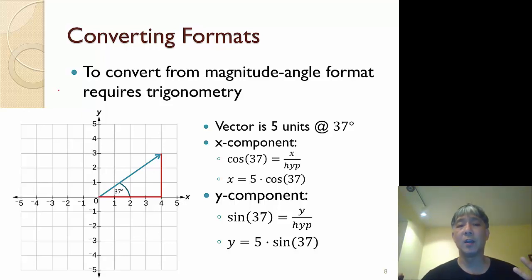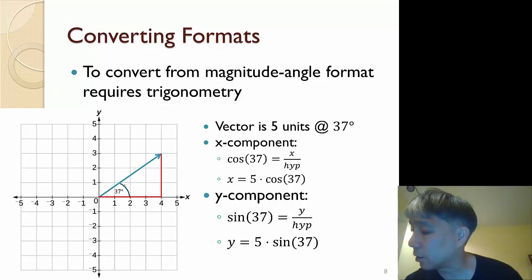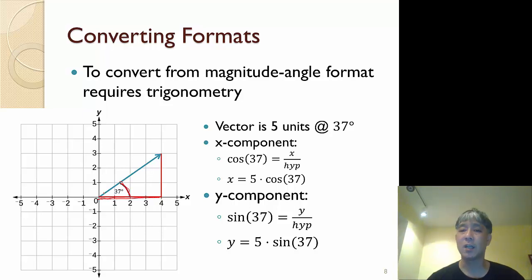If I look at it, remember the cosine of an angle is equal to the adjacent side over the hypotenuse. So the adjacent side in this case is the x-axis. Here's the angle, and here's the x-axis. That's the adjacent side. So the cosine of the angle would be x over whatever the hypotenuse is. And the hypotenuse, remember, is the magnitude.